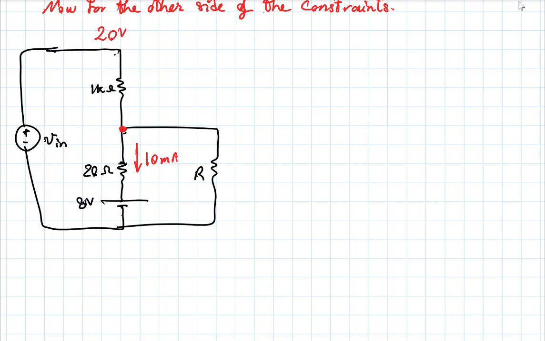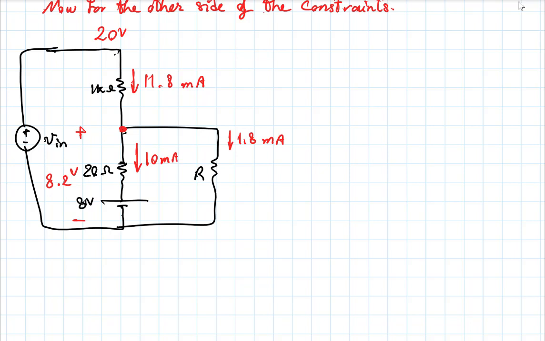So the current here will be 20 minus 8.2, which is, it's late in the day, what's that? 11.8, right? Divided by 1 kilo ohm, so 11.8 milliamps. And so by KCL, the current I'll have here is 1.8 milliamps.